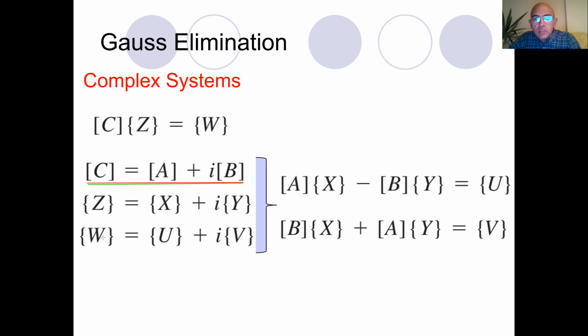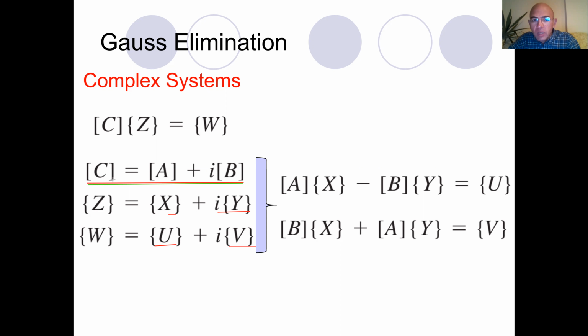And finally, W, the right-hand side, can be decomposed into the real and complex parts, U plus IV. So we have the complex coefficient matrix, complex vector of unknowns, and complex valued vector of right hand sides.